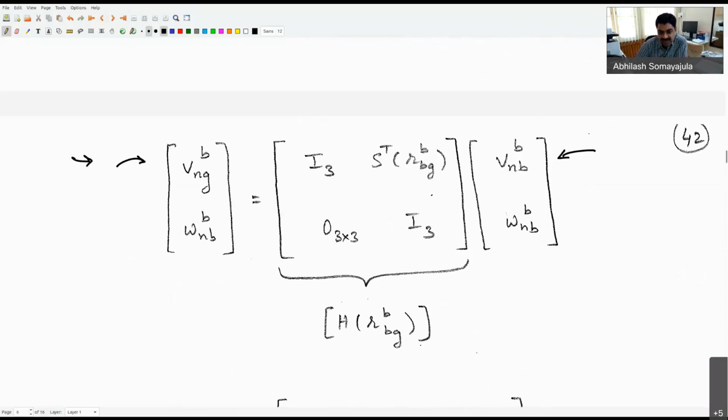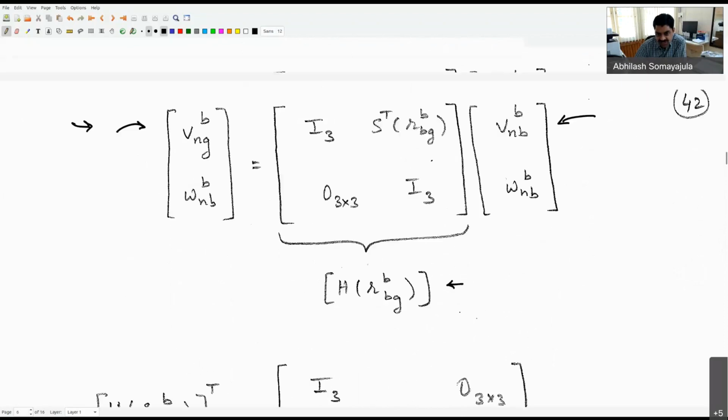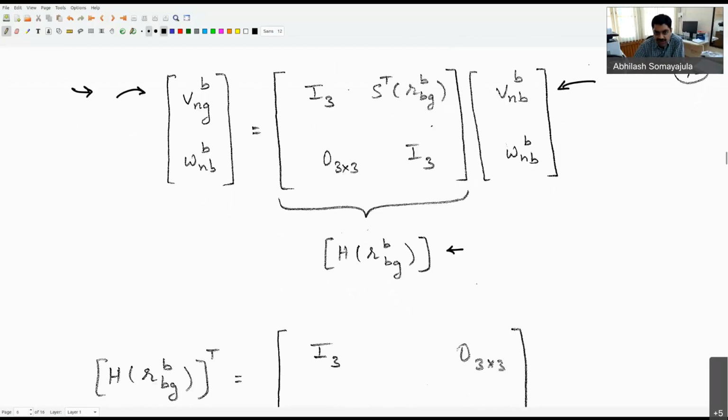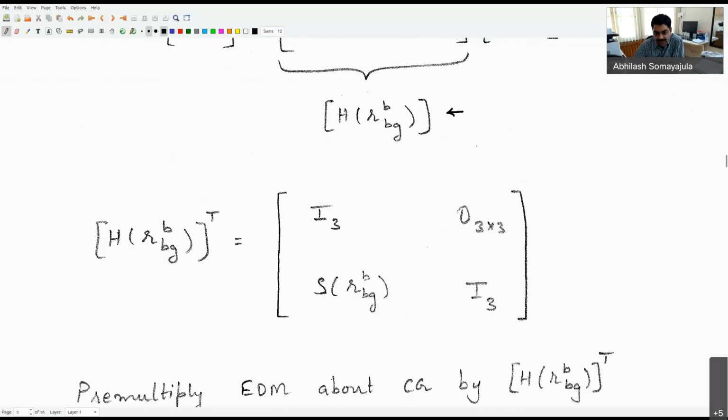Now I define this matrix which relates the velocities about the body fixed frame's origin to the velocities about the center of gravity as this matrix H. I'm just giving it a name called H. So if I want to find out what is H transpose, all I will be doing is this skew-symmetric matrix will come down to the bottom.